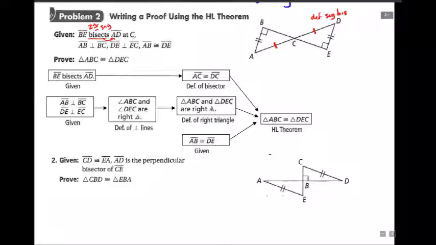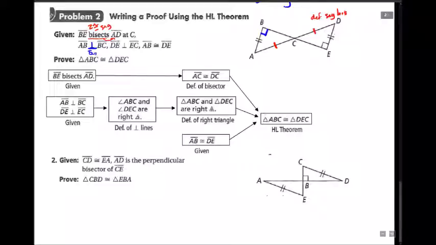We are also told that segment AB is perpendicular to segment BC, and I immediately think right angle. So let's find segment AB, there it is, and BC, and I mark my right angle.